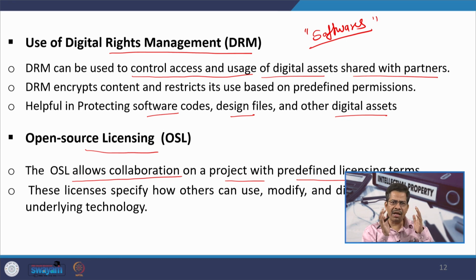So, the entire code was put in open source, and using those codes you could develop your local customized solutions. So, that way open source licensing allows collaboration on a bigger project. People may be at different locations and they may collaborate by using the open source codes which are available for the development of a variety of other applications.